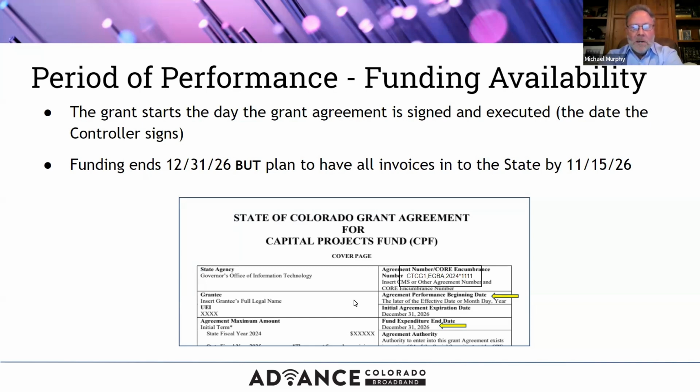One note is that the grant agreement will state that the funds are available through December 31st, 2026. But we do have a requirement in the grant agreement that the construction be completed within 24 months of the execution date. We would highly recommend that you complete the work and submit any invoices by November 15th of 2026, which allows the state time to reimburse you and close out the grant.